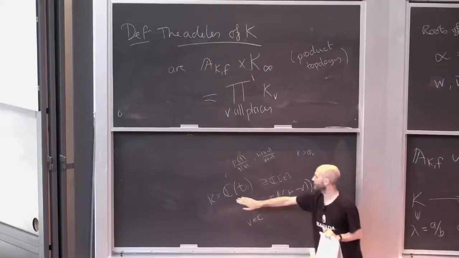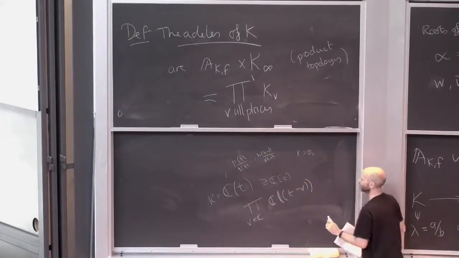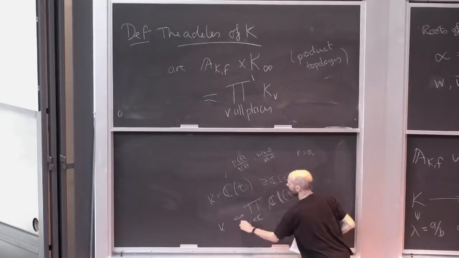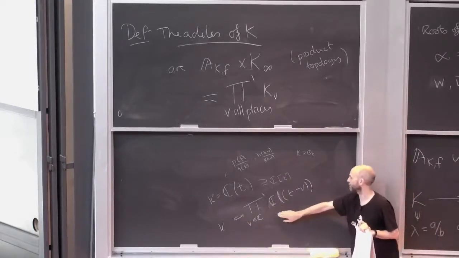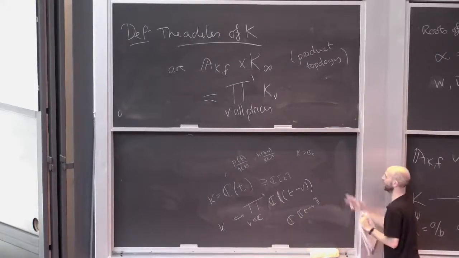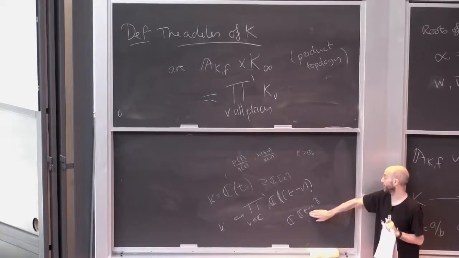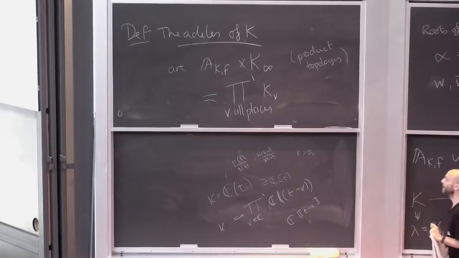But if I take a random function here, it'll only have finitely many poles, right? So K actually lives in not just this, it lives in the restricted version of this, where I'm taking the restricted product over C square brackets t minus V. These are meromorphic functions which happen to be holomorphic at V, and hence in a very small neighborhood of V. So that's what I'm doing.